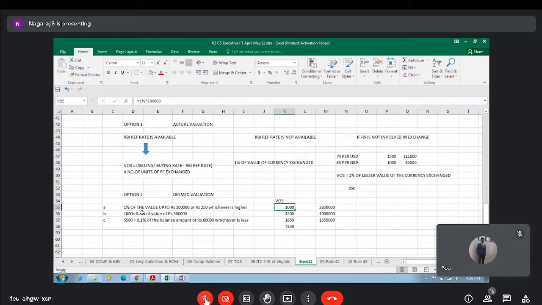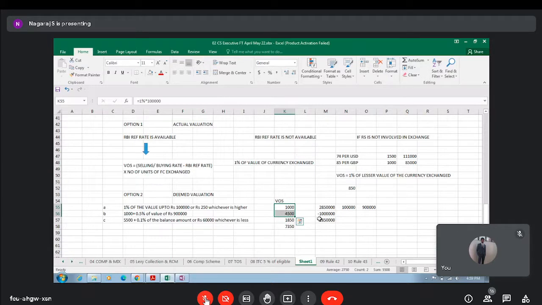Of this, 1 lakh is already taken, so next 9 lakhs into 0.5%, which is 4,500. Sir, you did not add the 1,000? No, I will add it at the end. I am calculating for 9 lakhs. At the end, I will add all. The value of supply will be the total.